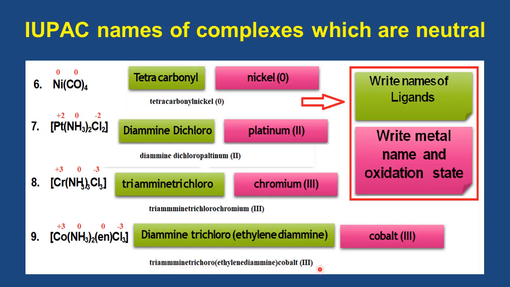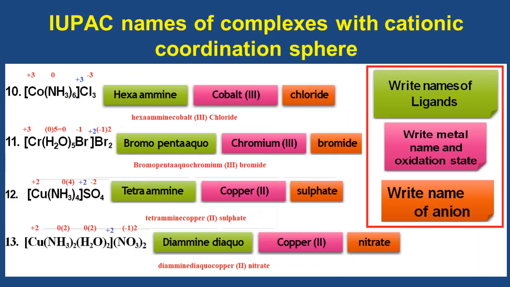Next students, we are going to practice the names of coordination complexes with cationic coordination sphere. So here are some examples. Let us practice them. The first example is hexaamine cobalt 3 chloride. Now students, how do we name such coordination complexes? We have to write the cation portion first and after that the anion part.